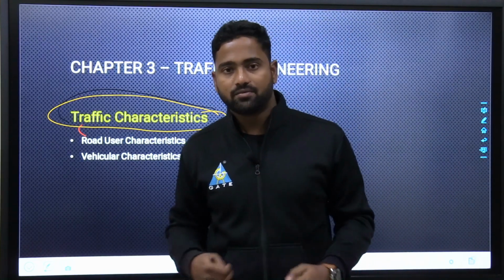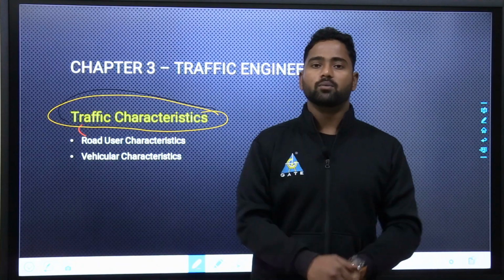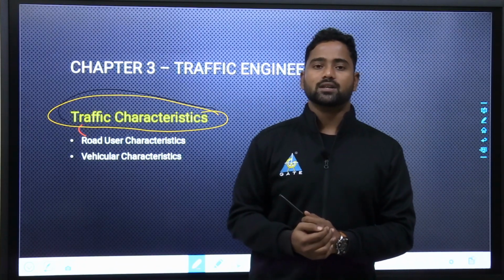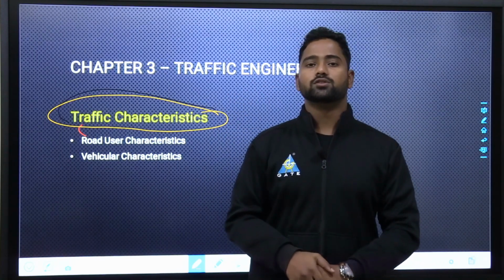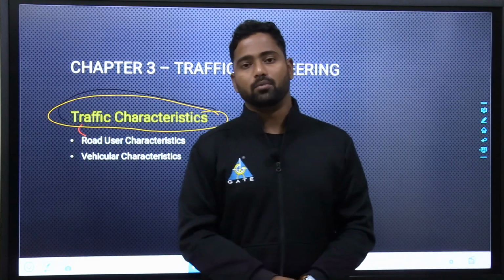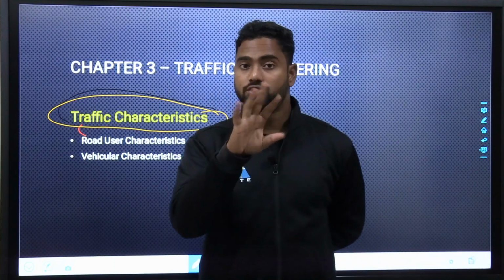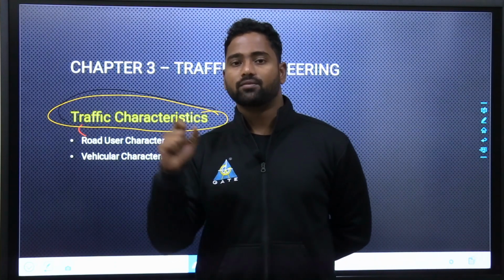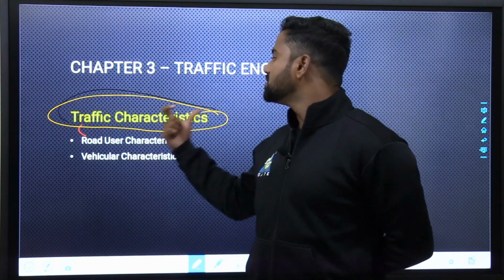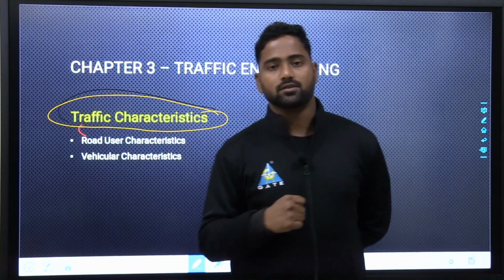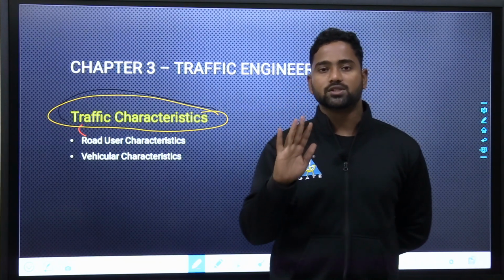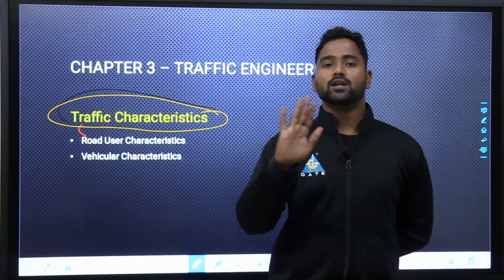We should be physically fit, and your eyesight should be very clear, because if you can't see, you can't drive. There will be accidents, and if you can't hear, it will also be a problem. But eyesight is very important. And what is meant by 6x6 sight, 4x6 sight, 5x6 sight, all those things we will be discussing in road user characteristics. And your mental condition, psychological condition should be sound enough that you understand everything.